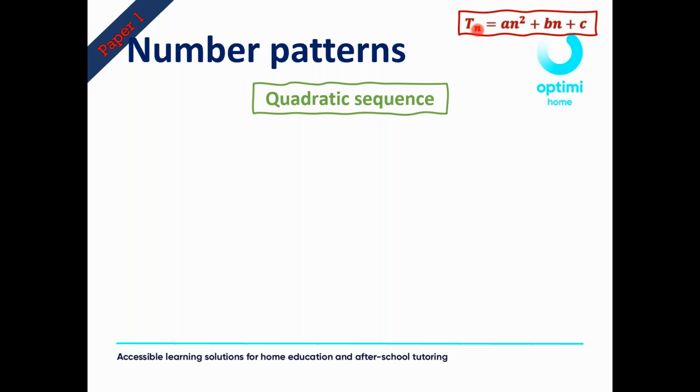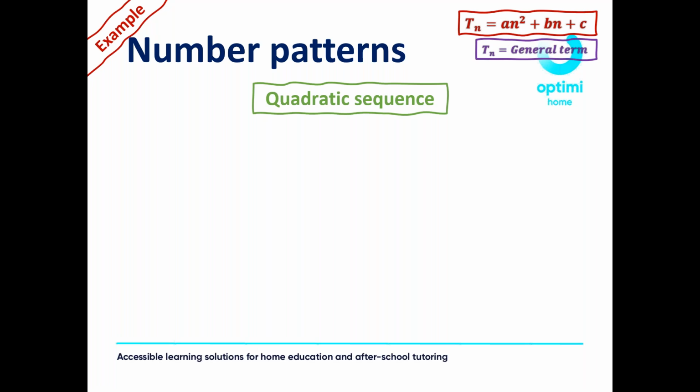Okay, so the general term, still Tn, is equal to an squared plus bn plus c. Like I said, this is still the general term, and they like to ask you the general term, and that's the biggest difference of your approach and your calculations from this to a linear sequence.